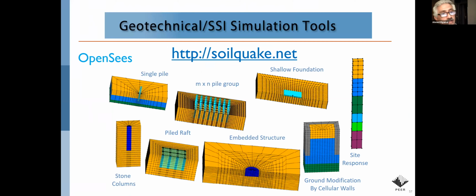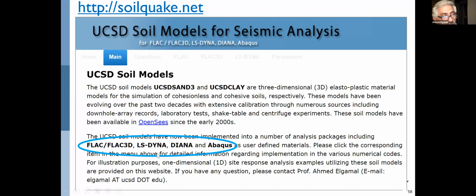Okay, quickly, the tools that I have used are all available, and they're all OpenSees based at soilquake.net if you would like to use some of these tools. And more recently, we started trying to put our UCSD soil models also in other codes such as FLAC and LS-DYNA and Diana and Abaqus.